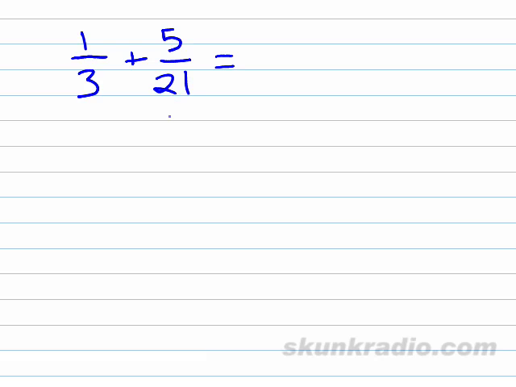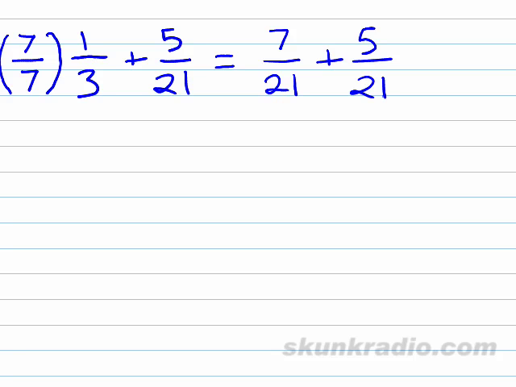So I can see that 3 times 7 is 21, so I need to multiply my 3 times the 7, so that means I'm going to use this 7 over 7 fraction. So in this case, 7 times 3 is 21 on the bottom, and 7 times 1 is 7 on the top, and then I finish rewriting my problem.